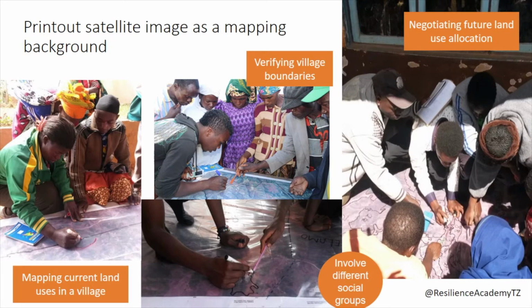So the committee representatives verify the village boundaries by drawing them on the satellite image. Then they use the satellite image to map the current land uses in the village. And then finally, they use the current land use map and the satellite image to negotiate and draw the future land use allocations in the village.